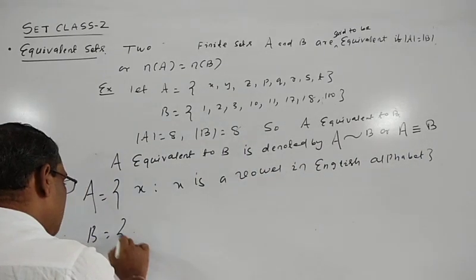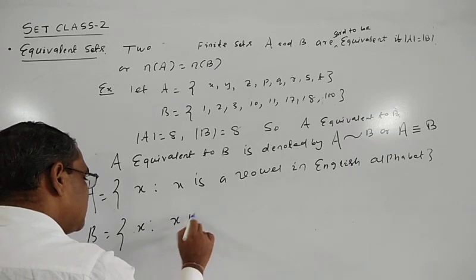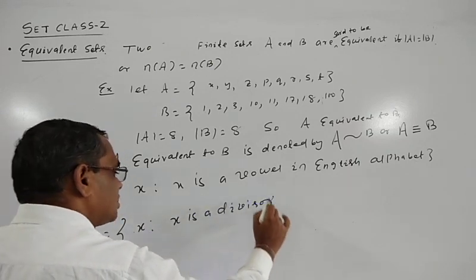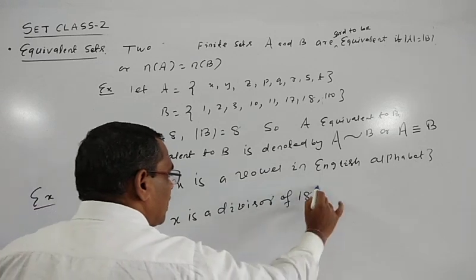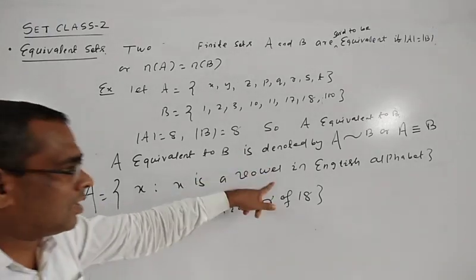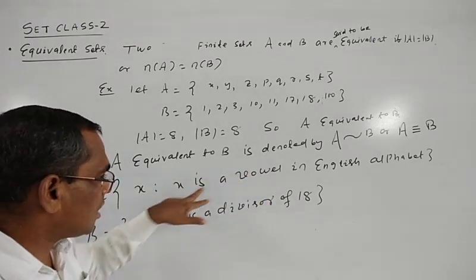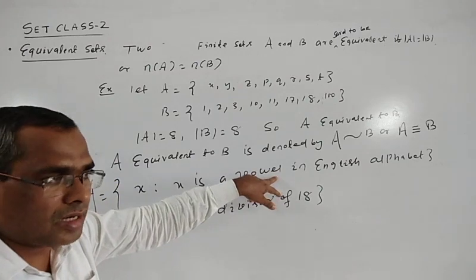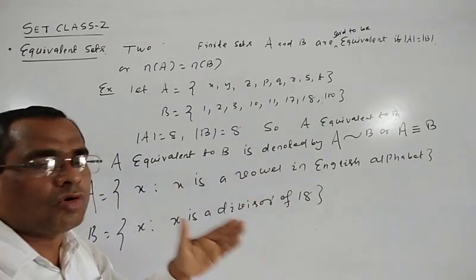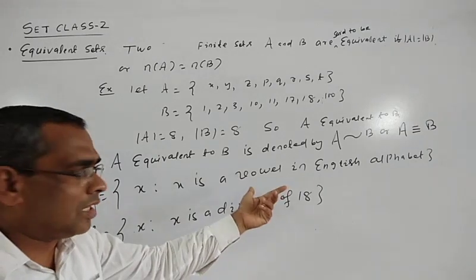B set is x such that x is a divisor of 18. So here in set A, what are the elements? Vowels. Which are the vowel letters? A, E, I, O, U. So there are 5 elements.